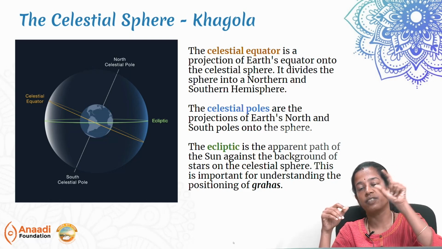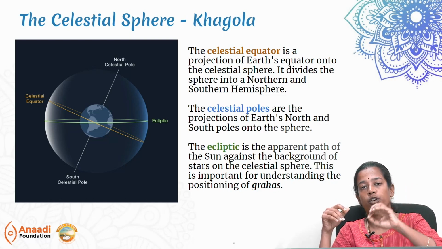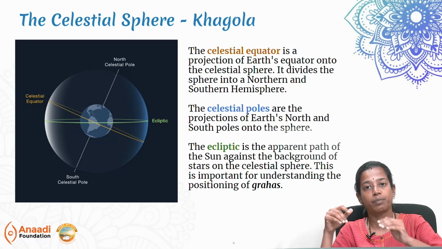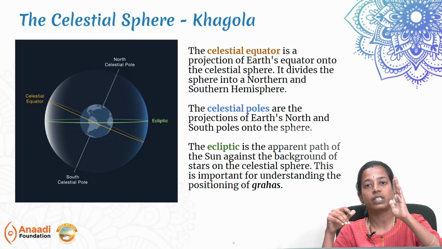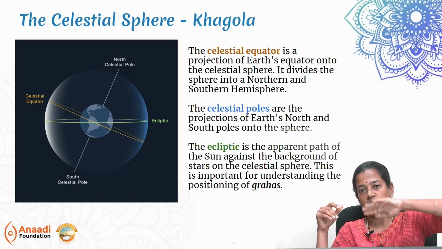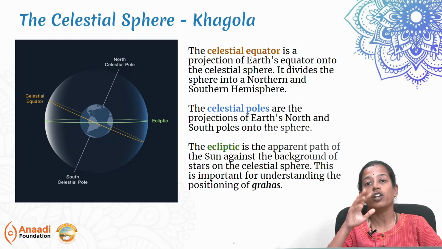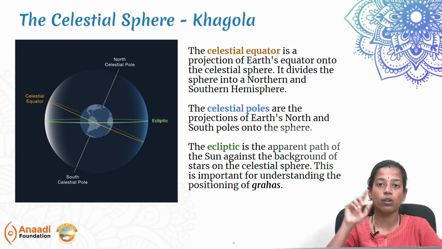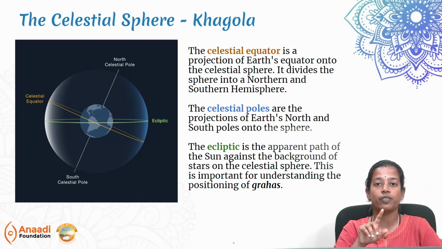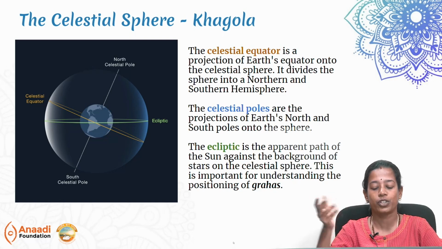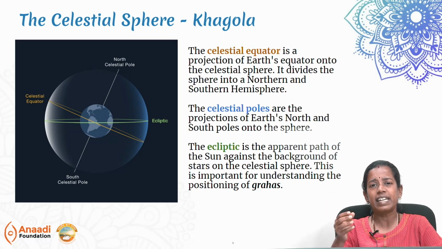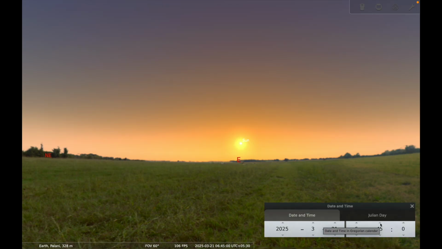When we observe the graha from the point of view of Earth, the observer will be able to see that the background from the Khagola will also vary. That is how they map that the graha is in motion. Let us try to understand this with a simulation.